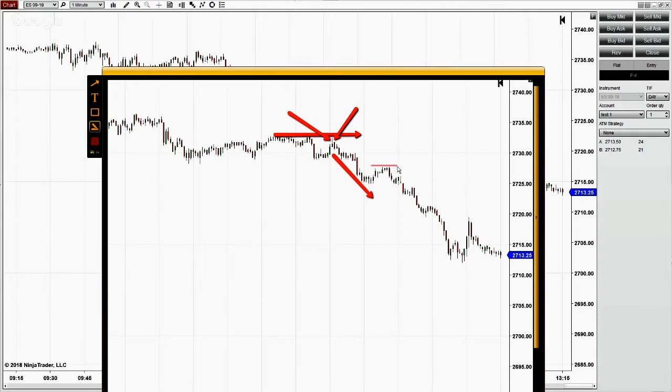And those bars are telling you. This is a re-entry point. The same thing here. This is another re-entry. And this here is one shot.